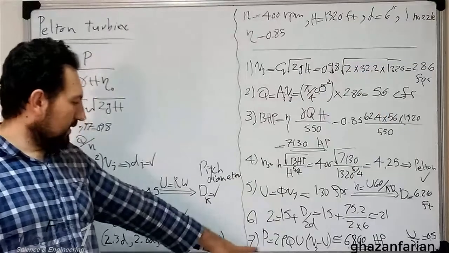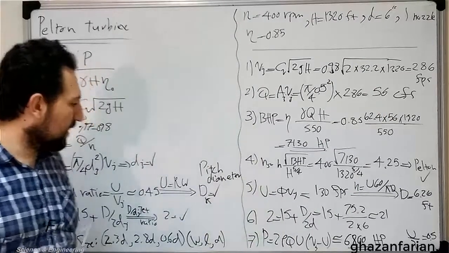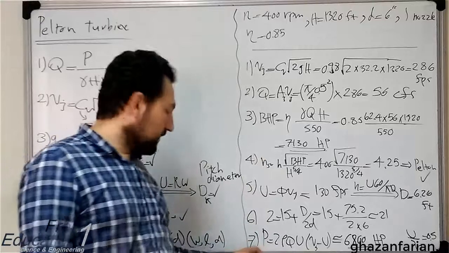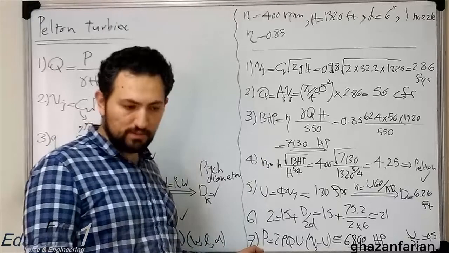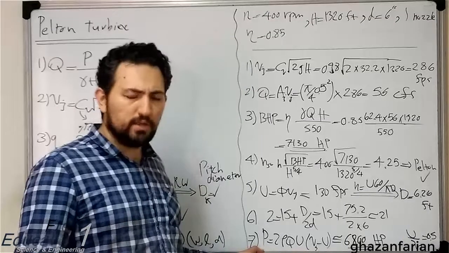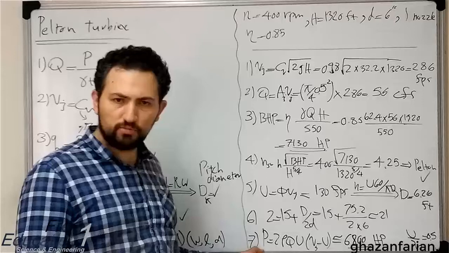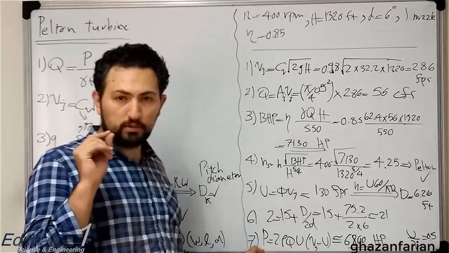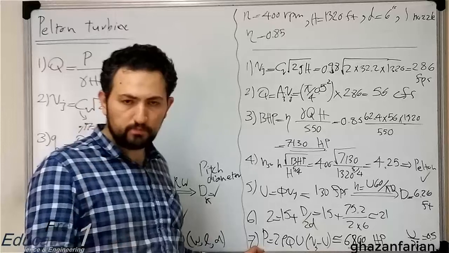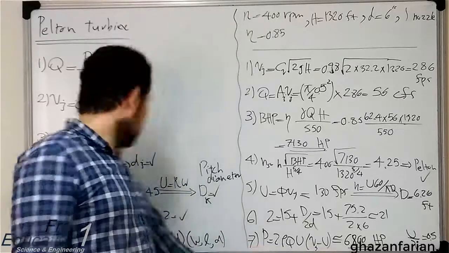The last step of this design is to compute the power based on our calculations in the previous section of these videos, I mean the part about the control volume analysis of the Pelton turbine. In that part I wrote the conservation of momentum, and I computed the best and the optimum speed ratio.